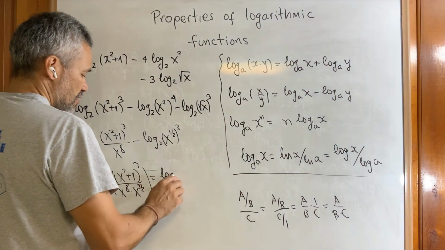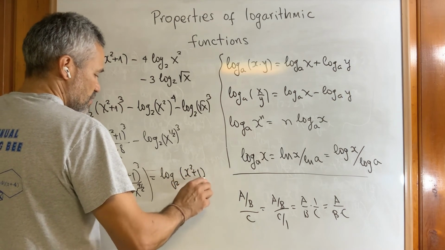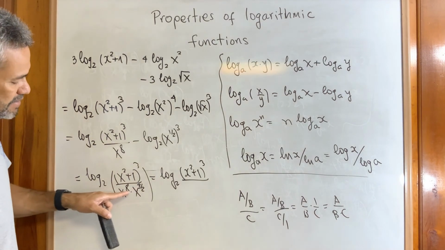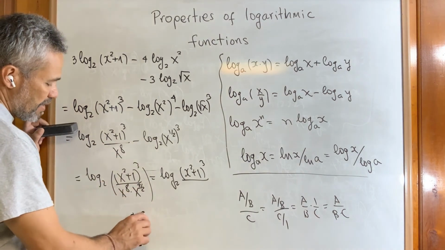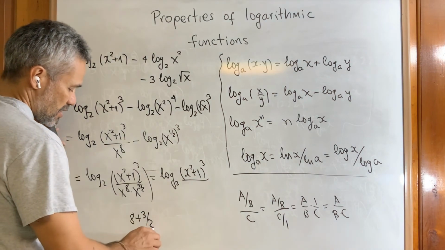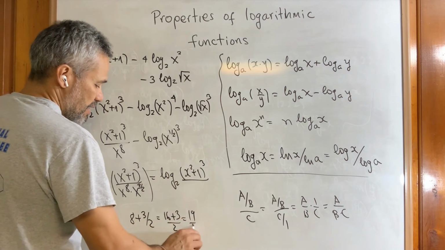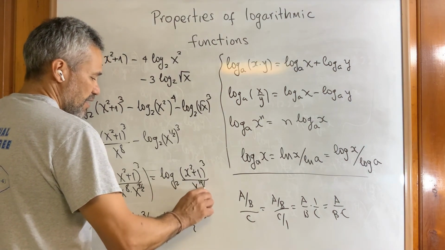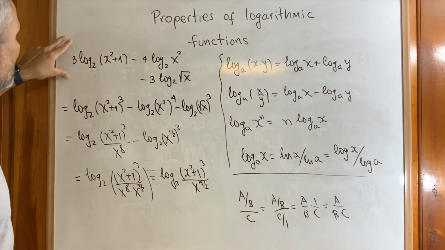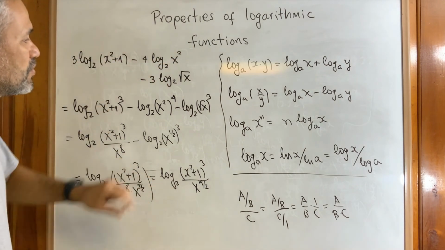And then this is just log in base 2 of x squared plus 1 to the power of 3 over, and this is same base, then what is 8 plus 3/2? You add the exponents. And this is 16 plus 3 over 2, 19/2. This is x to the 19/2. Then this is how you write a linear combination of logs as a single log using these properties.